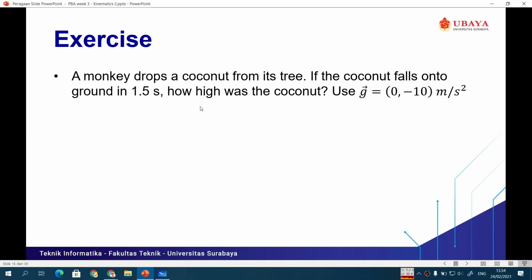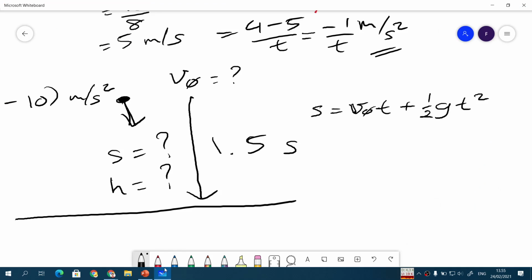As long as the question does not state that the coconut is thrown downward, it can be assumed that the object is falling from a standstill position, which means that v naught is 0.